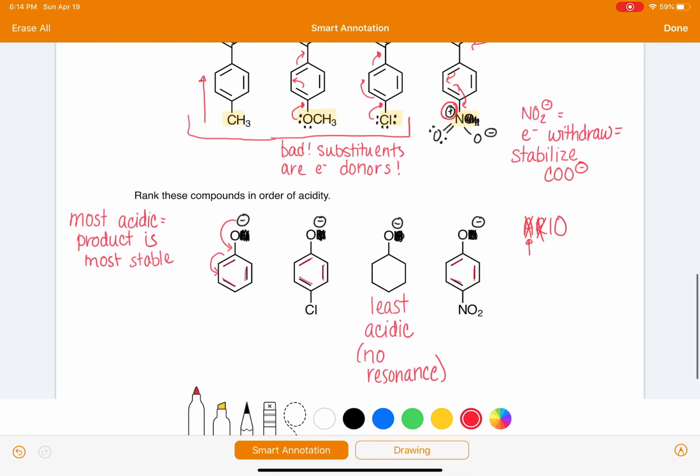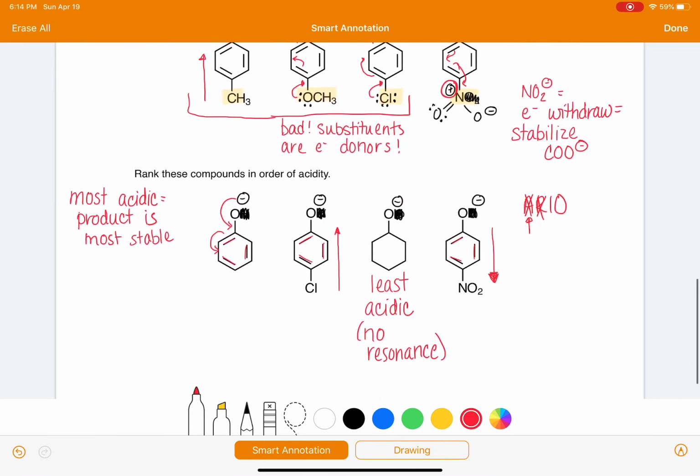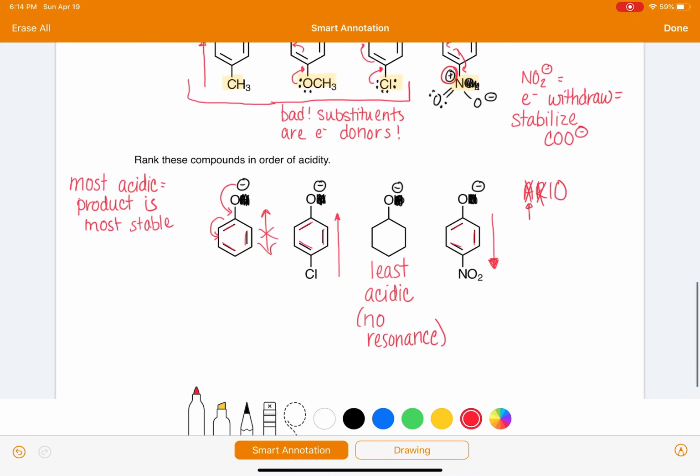Well, the stuff that we talked about up here might be helpful. We know that the chlorine is going to be pushing electron density towards the negative charge, which is a bad thing. And the NO2 group is going to help move electron density away from the negative charge, which is a good thing. The other molecule has nothing on it that can move electron density in either direction. So it's getting no inductive effect at all. Nothing's happening at all.